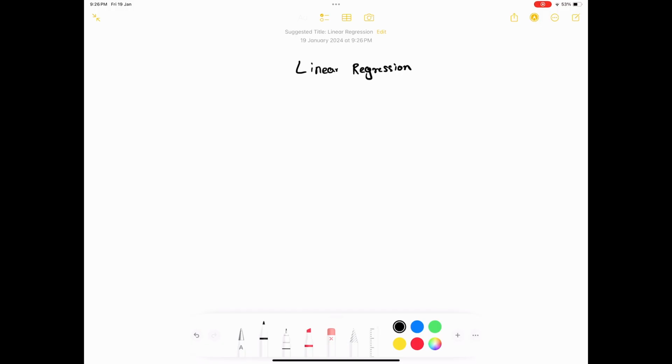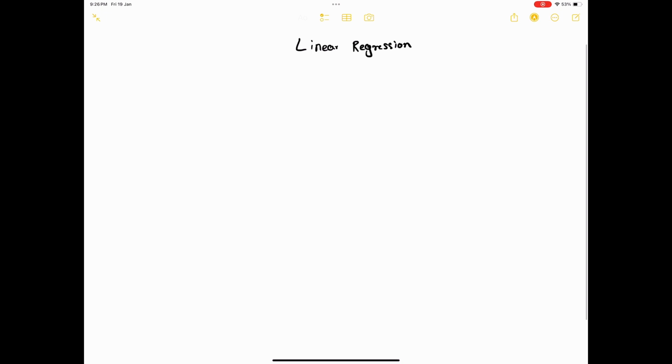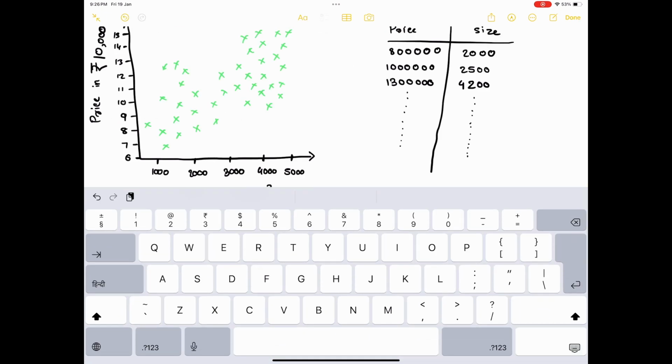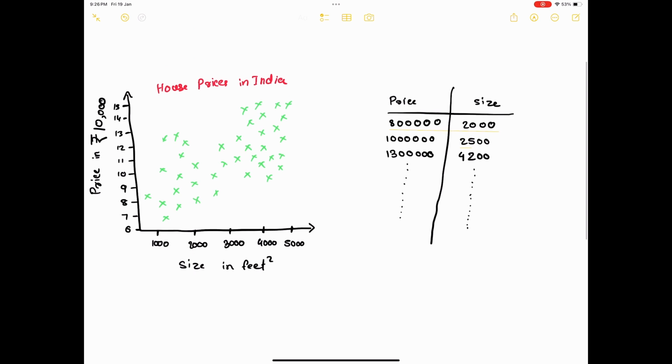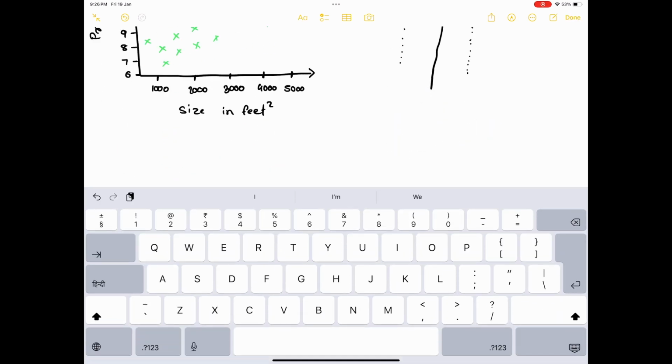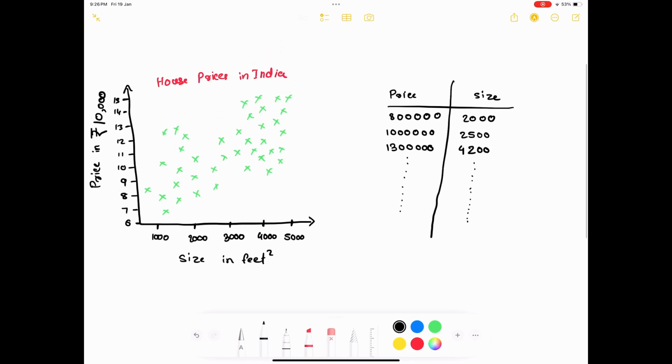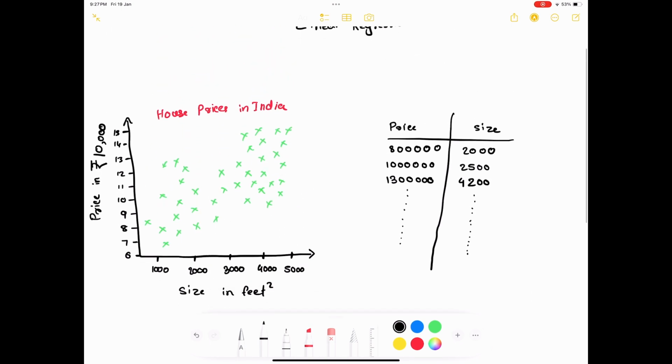Alright, so now we're going to learn about linear regression, which is the most basic machine learning model and what a lot of people start learning with. So let's get into it. Here, I'm going to put in some sample data that I've made. It's house prices in India.